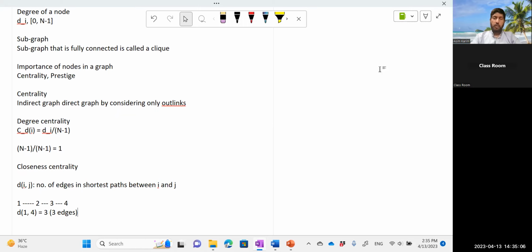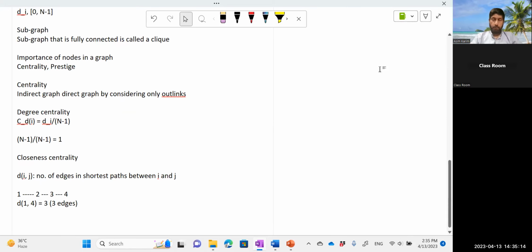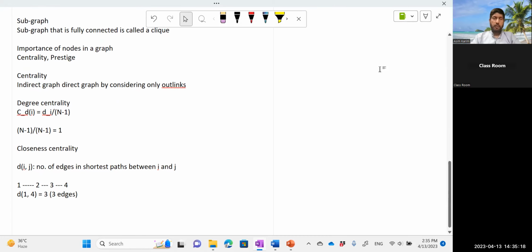Okay? So we are considering each edge to have unit weight. Weighted भी आप कर सकते हैं, but here we are just considering simpler case. ठीक है? So if this is the case, then how do you define closeness centrality of a node I?